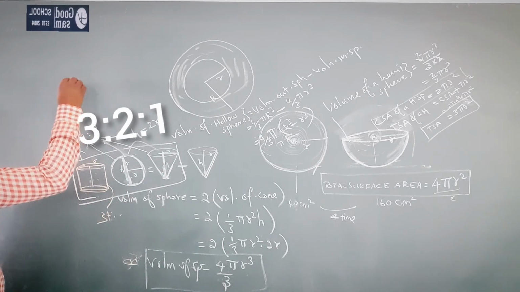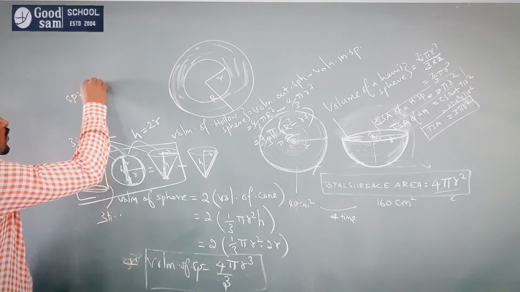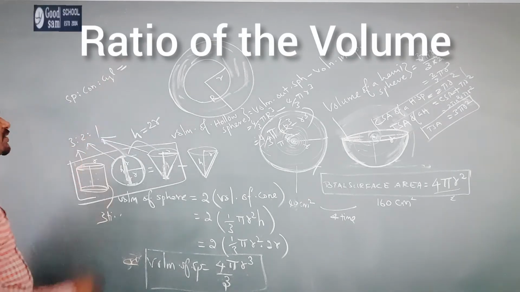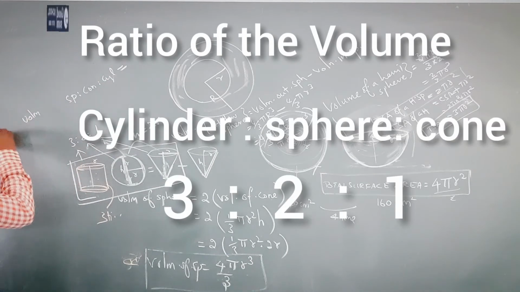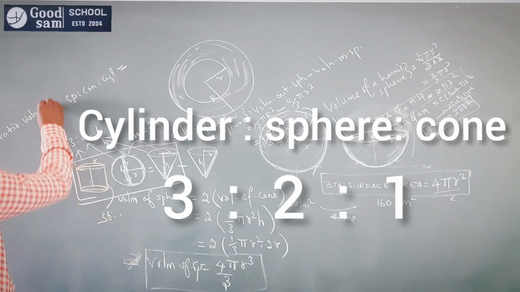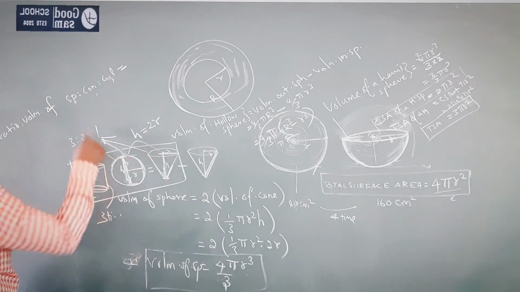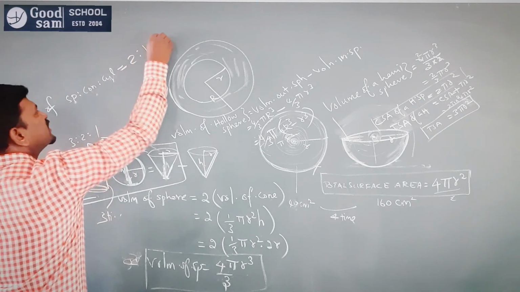If they change the order of the shapes and give the ratio of the volume of sphere to cone to cylinder, how will it be? Sphere is 2 times, cone 1 time, cylinder 3.